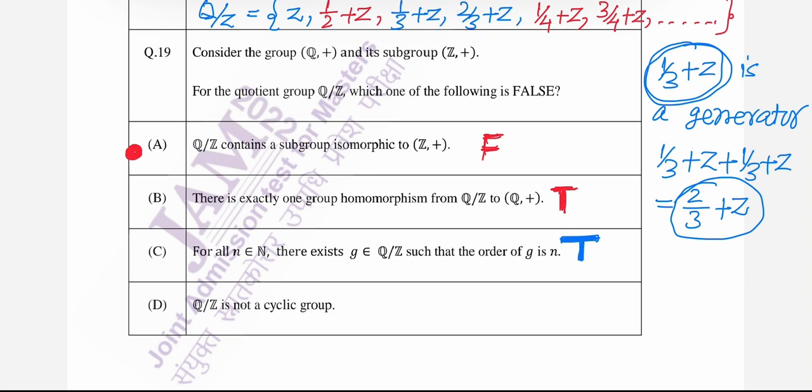So here we say that 1 by 3 plus Z is generating 2 by 3 plus Z, but 1 by 3 plus Z is not generating all the elements of Q by Z.